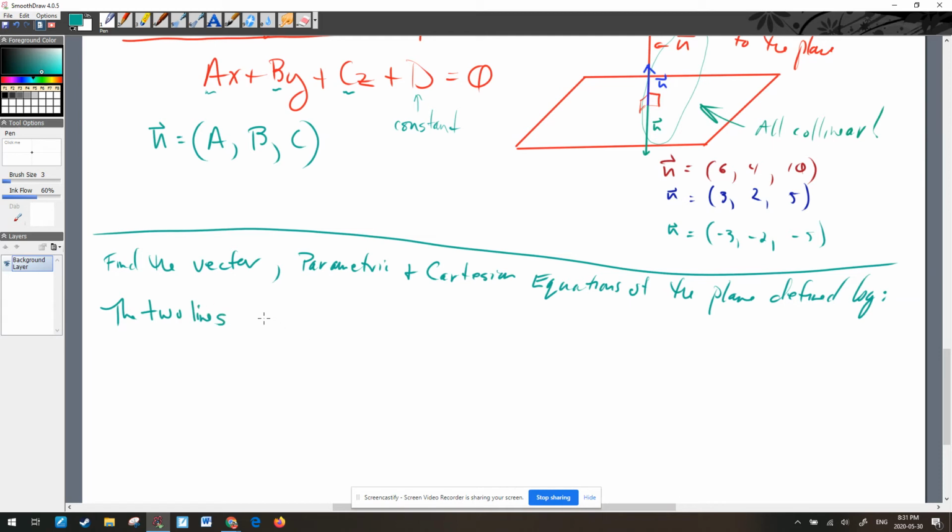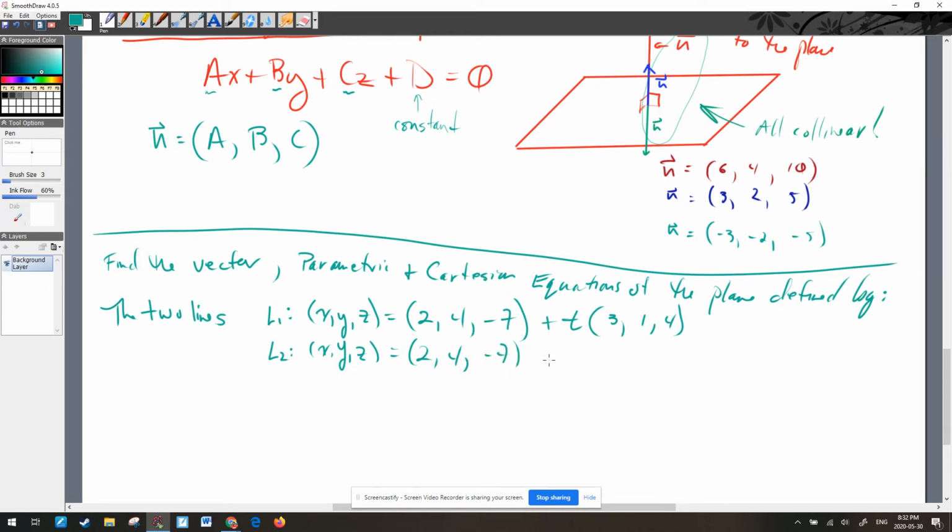If we had the line L1, which was (x, y, z) equal to (2, 4, -7) plus t times (3, 1, 4). And L2 is (x, y, z) equal to (2, 4, -7) plus t times (1, -5, 3).